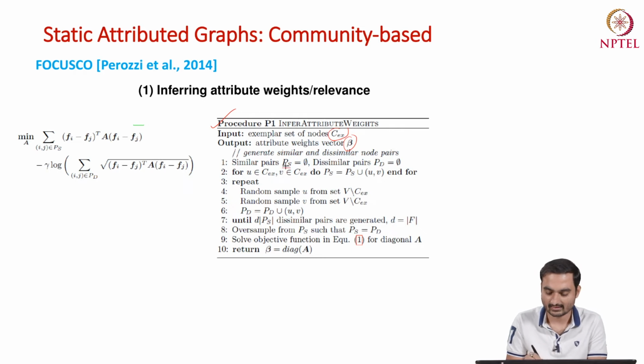P_S is the set of node pairs which are similar: pairs like (X, Y), (U, V) and so on, which are similar. S corresponds to similar nodes.